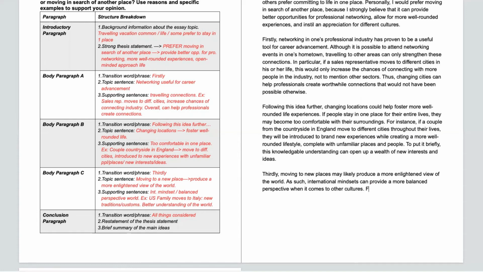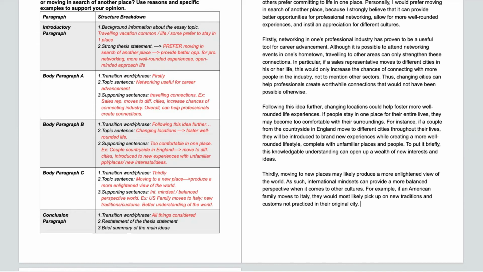And then as my example, for example, if an American family moves to Italy, they would most likely pick up on new traditions and customs not practiced in their original city.